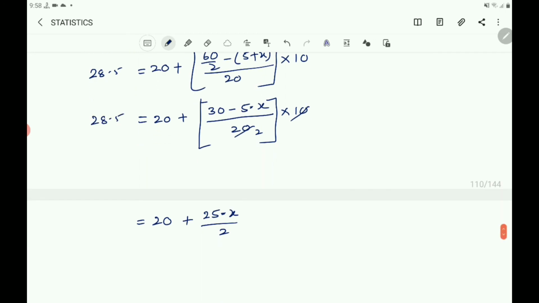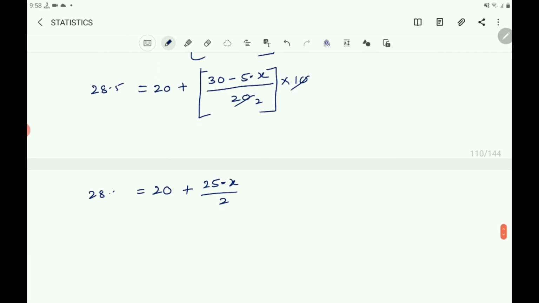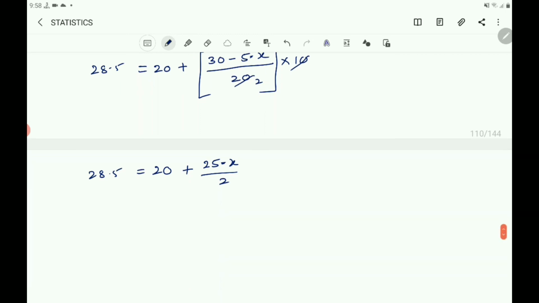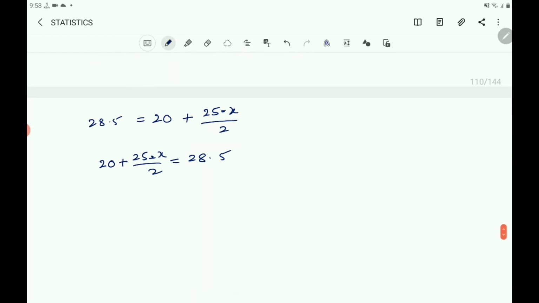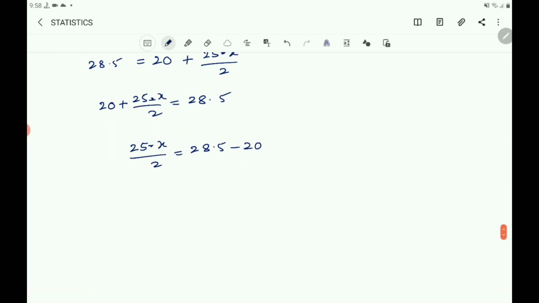The median is 28.5, so you got 28.5 equals 20 plus 25 minus x by 2. Then we have to solve for x. Then 25 minus x by 2 equals 28.5 minus 20, which is 8.5.